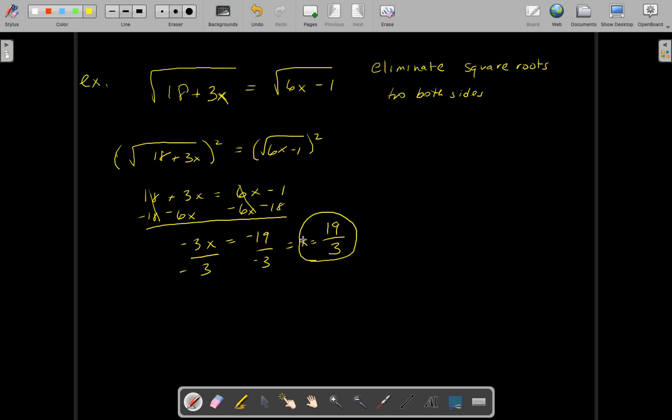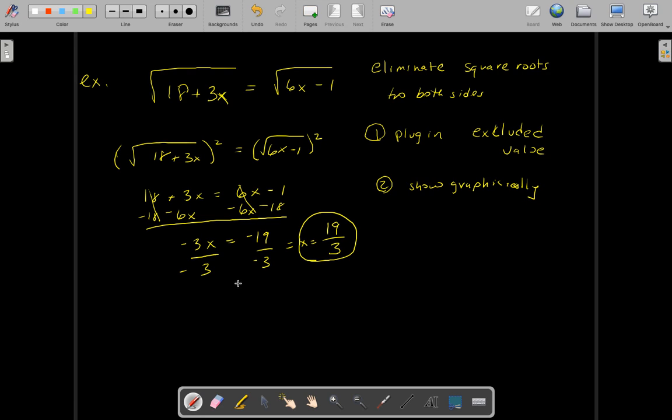Now, what I could do is plug in for excluded values. So in the video, make sure you mention that you could plug in the x value to find an excluded value, or show graphically. Now I'm going to show graphically here.